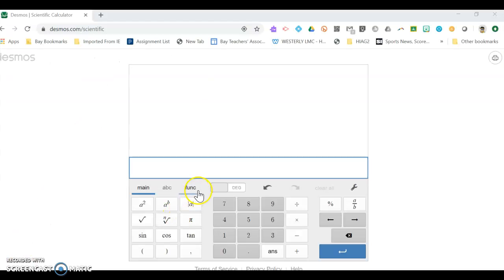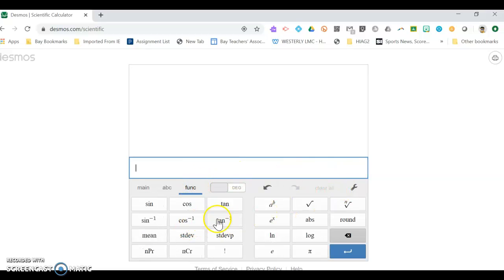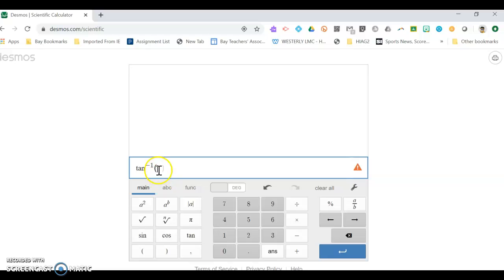We're going to go back to the Desmos calculator, and I'm going to press the function button. And because we were dealing with tangents, we're going to press tan -1. And then I'm going to type in the numbers 4.3315.